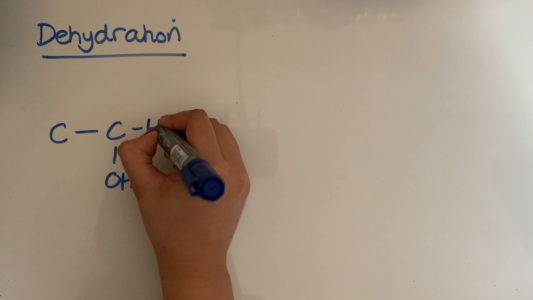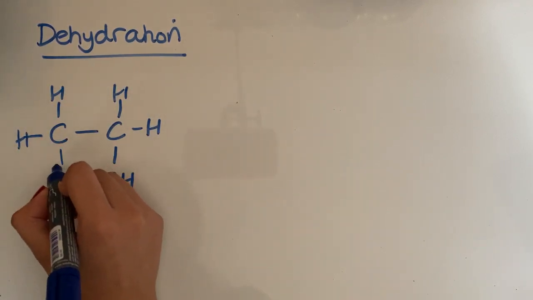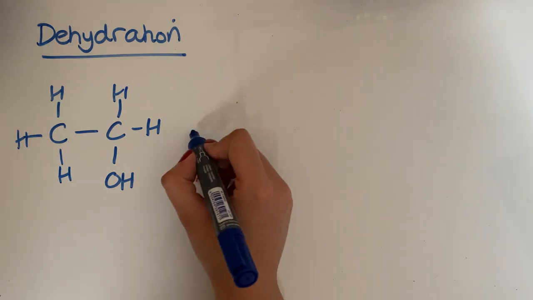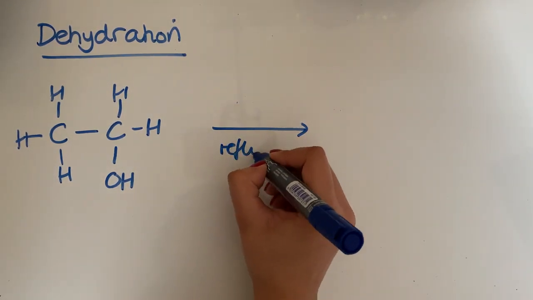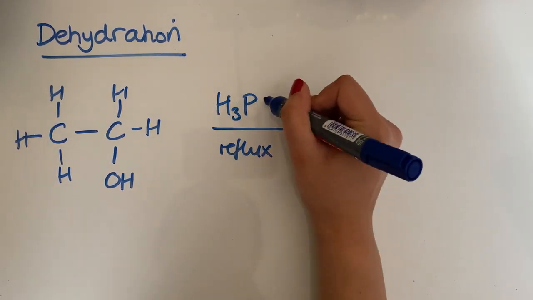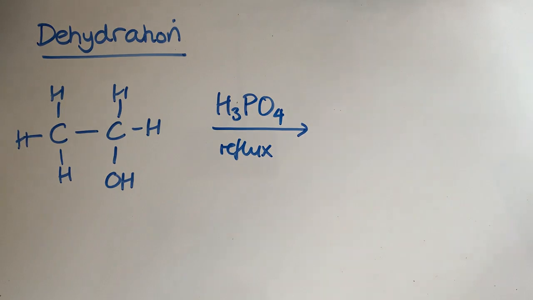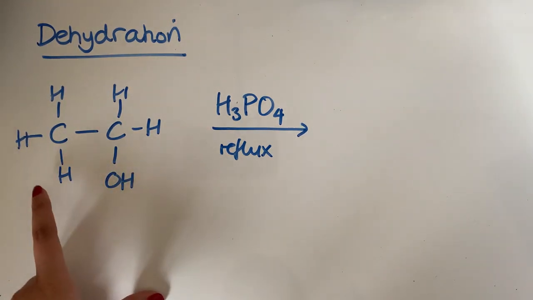I'm just going to go for ethanol. And what I'm going to do is heat it. If I heat it, it's usually reflux, you can write heat as well. And I'm going to use phosphoric acid as my catalyst. And what I'm going to do is remove a water molecule.